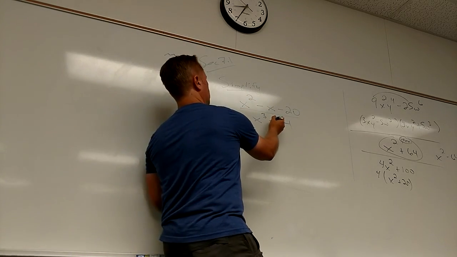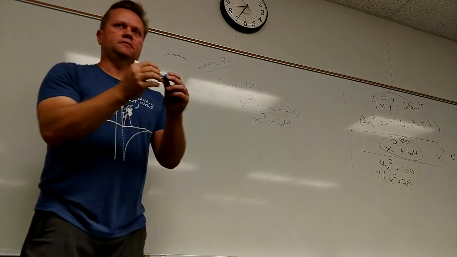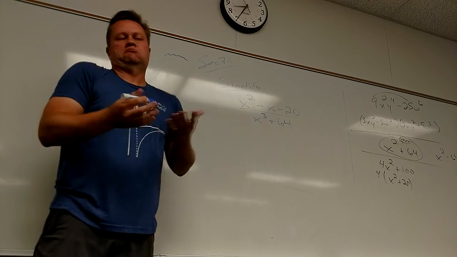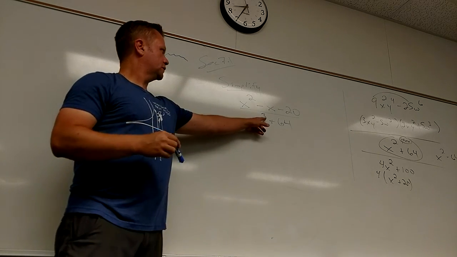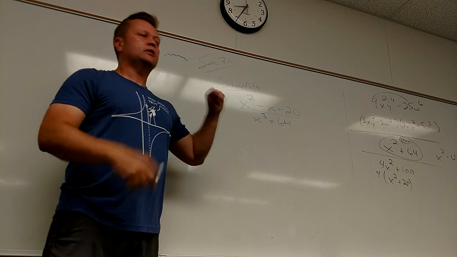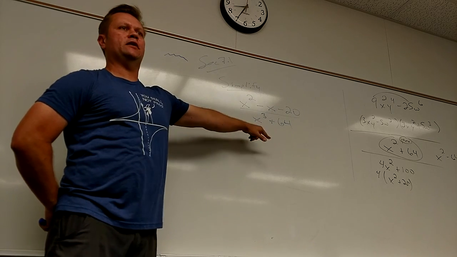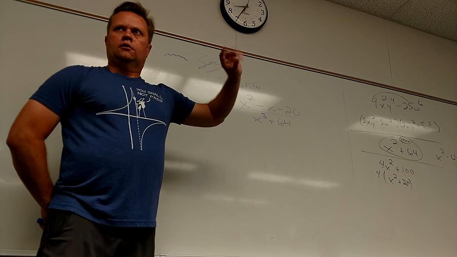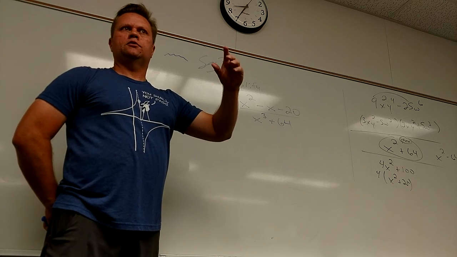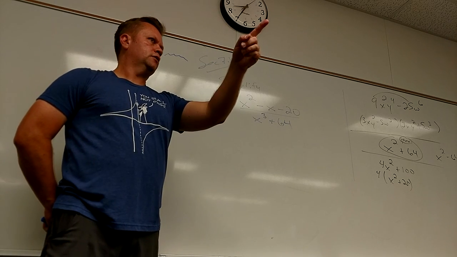Let's make this plus 64 though. Notice it's a 3 there, right? So the instructions say simplify this. So what do I do to start that off?